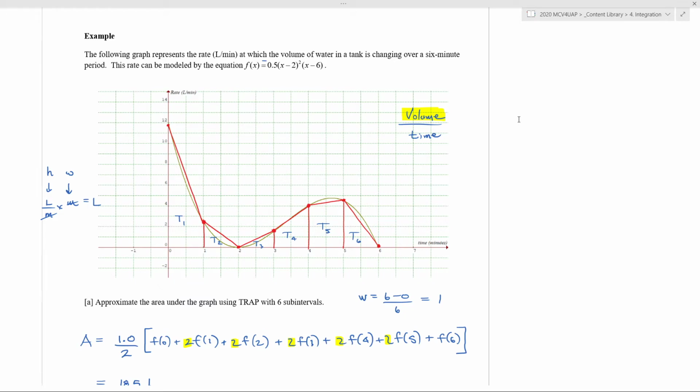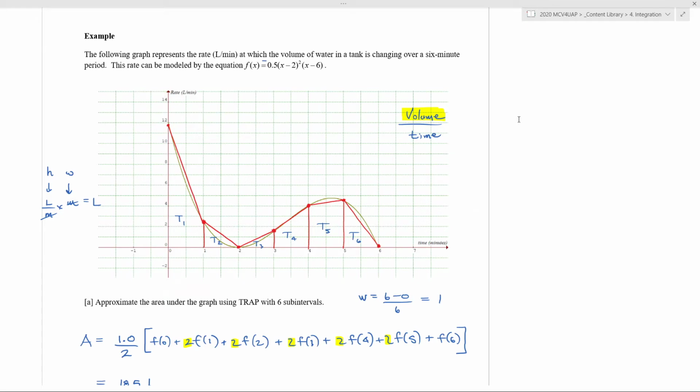We're going to use a trapezoidal approximation in part A with 6 subintervals. And you can see I've drawn them there in red. There are 1, 2, 3, 4, 5, 6 trapezoids. The width of each trapezoid is 1. Okay, so I've gone to the shortcut method for this trapezoid. In other words, I've gone right to the last step.